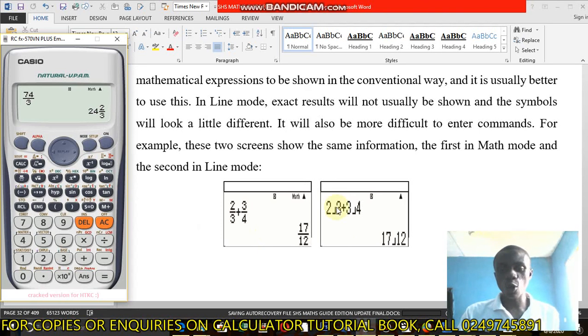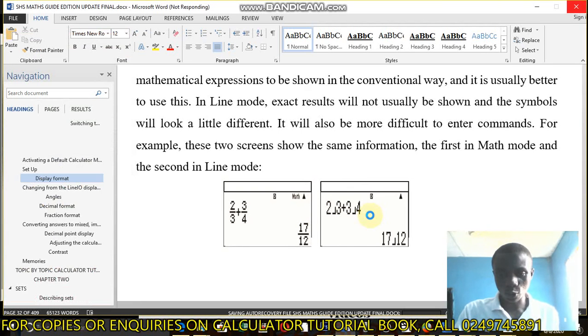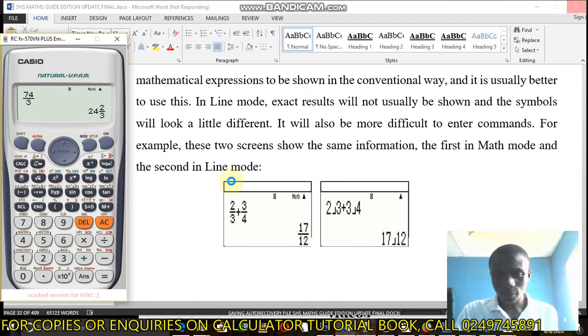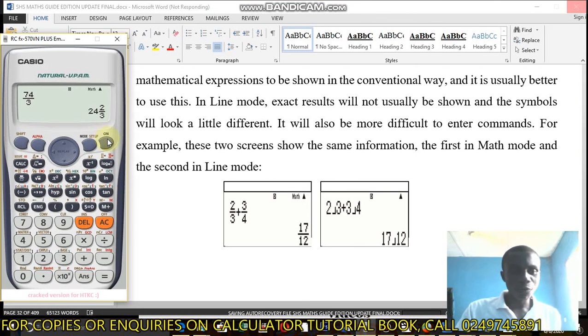It means that it's going to affect your final results in the examination room. Your math teacher will not be invigilating you during the WASSCE, so when your calculator changes from math mode to the line mode, you should be able to change it back to your math mode. Let's follow the steps for how we can do that.